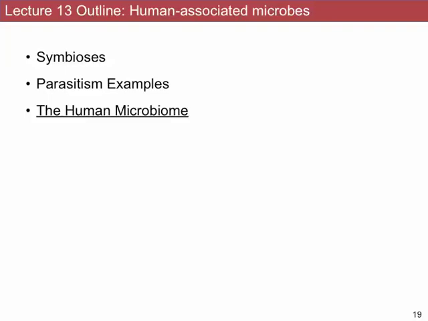But what I want to do for the rest of the class now is switch away from the bad guys, the pathogens, to talking about the other organisms, microorganisms that interact with humans.